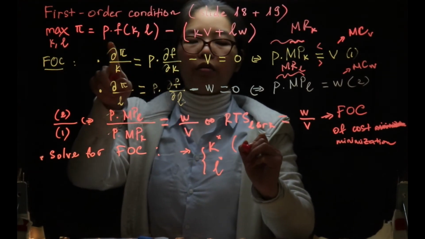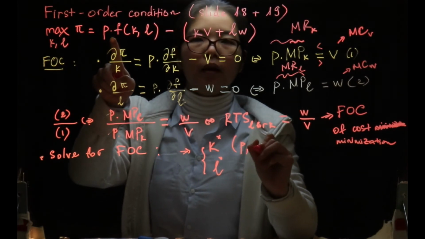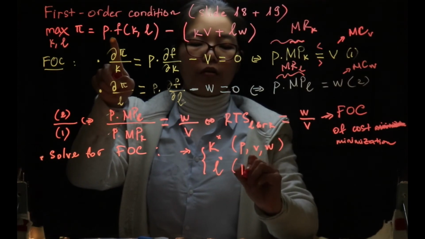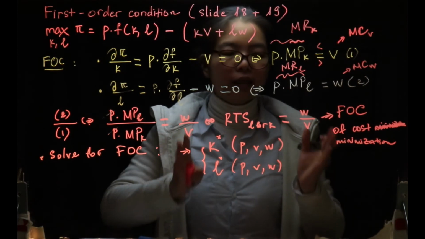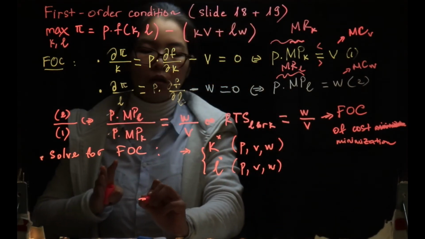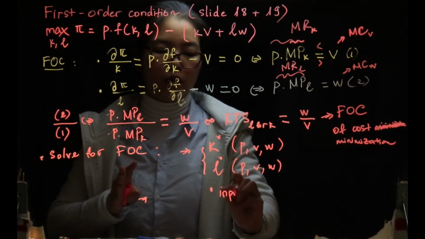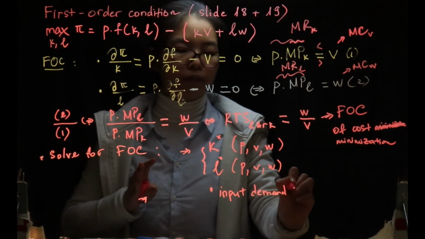So what do you have? P, which stays constant now, and V and W. Similar for L. So again, these are called input demand functions, right?